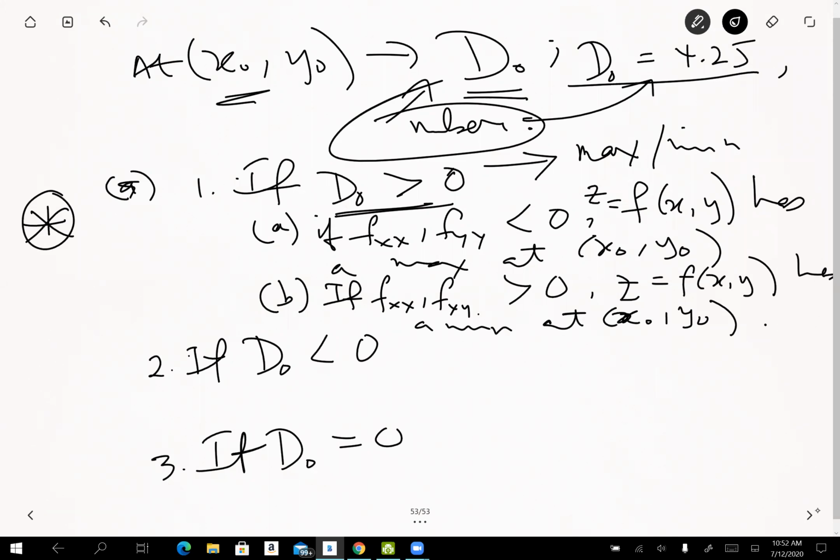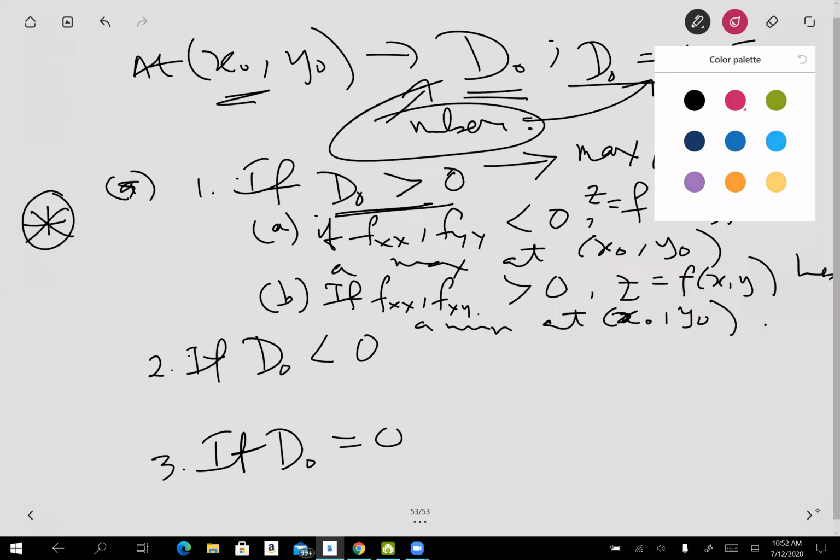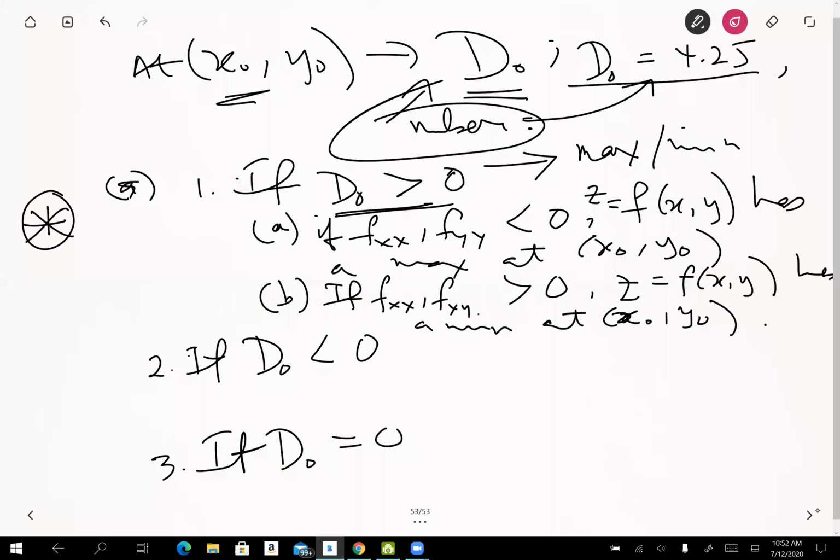That means 3 things here you need to check. Number 1, the value of the D that you evaluate at x0, y0, if it is positive, then you may have a maximum or minimum point. All right, but you need to look at some other things as well.